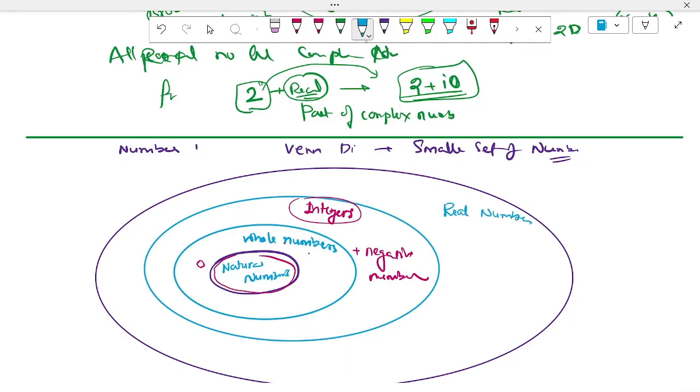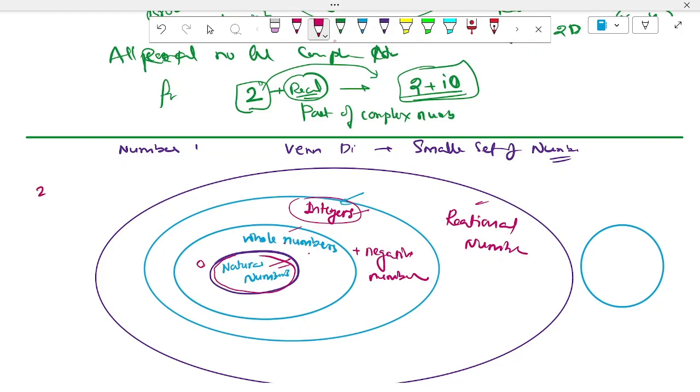All integers are real numbers, right? And there is another set called, okay, there is one more thing we are missing. This is actually rational numbers. Integers are rational numbers, all whole numbers are rational numbers, all natural numbers are rational numbers.